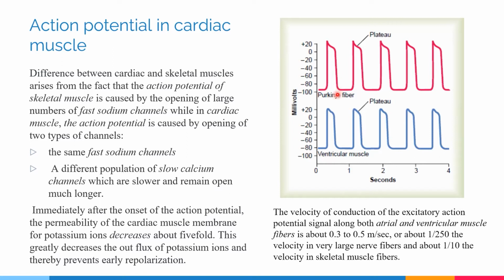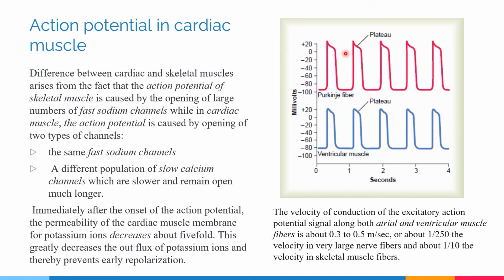But in cardiac muscles, as the action potential is initiated, the permeability of potassium ions through the muscle membrane decreases about 5-fold. This means that the repolarization process is hindered, and thus it takes a much longer time to repolarize the membrane, that is, to allow the membrane to drop back to the minus 85 millivolt level, and thus we see the plateau.